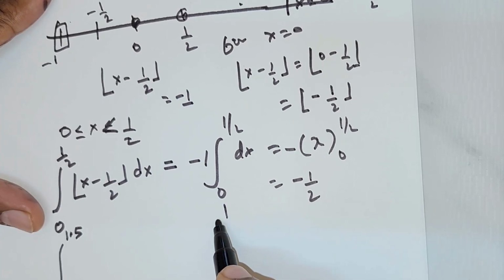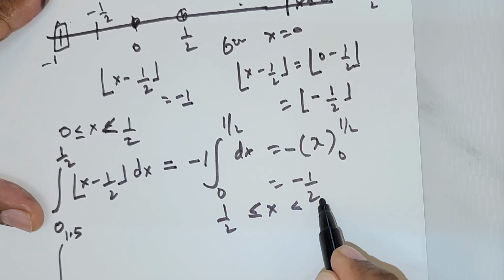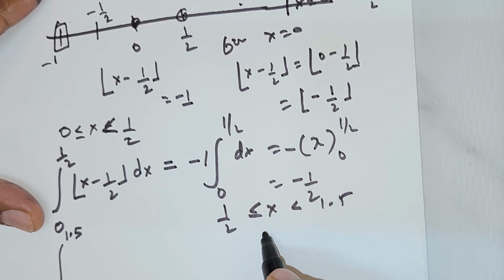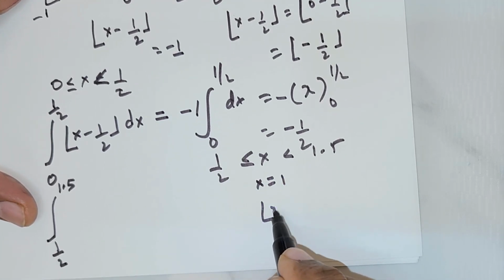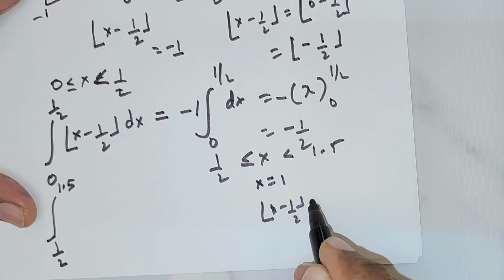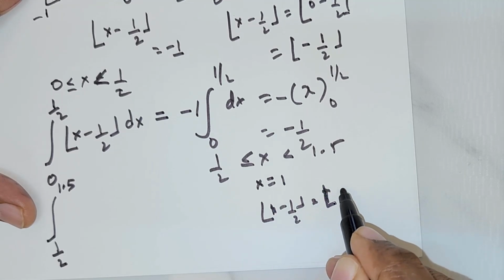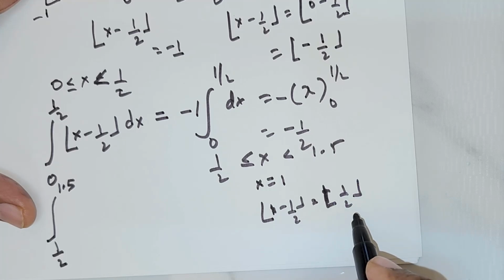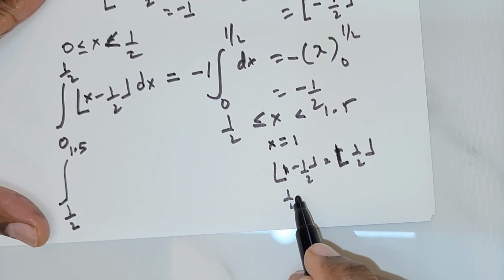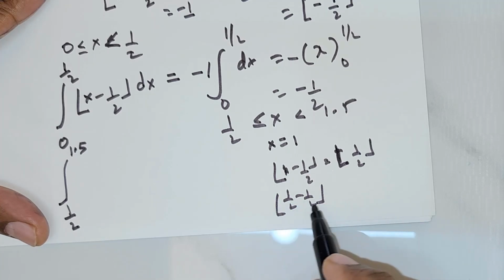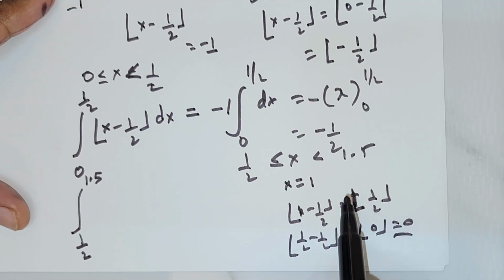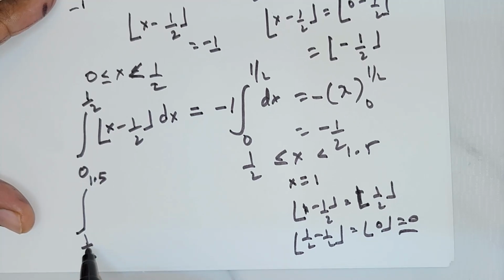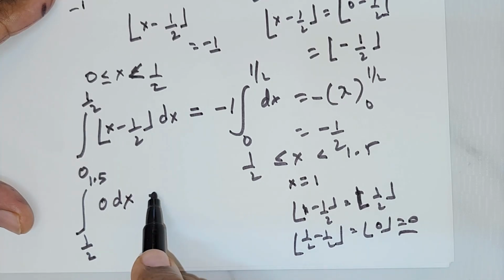Even if I take x equal to 1, the floor of 1 minus 1 over 2 is the floor of 1 over 2, so I still am looking for that integer, which is 0. If I take x equal to 1 over 2, that is the floor of 1 over 2 minus 1 over 2, which is the floor of 0, so 0 will be the output. So in any case, for values between 1 over 2 and 1.5, 0 would be the value. So the outcome will be 0.